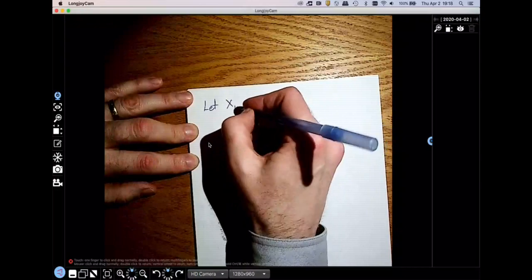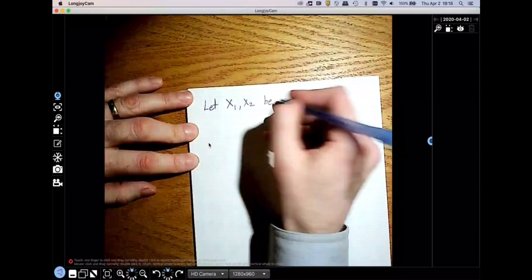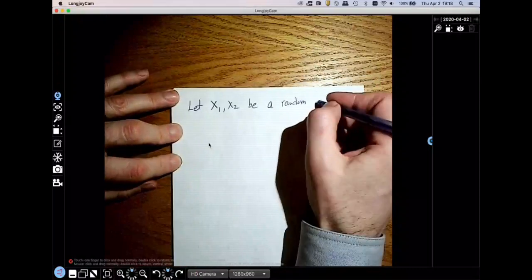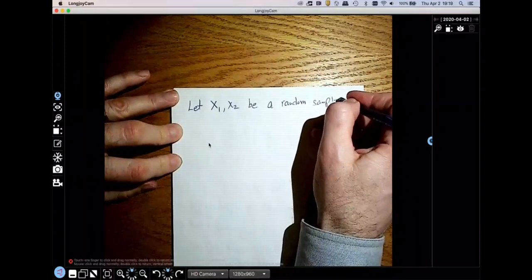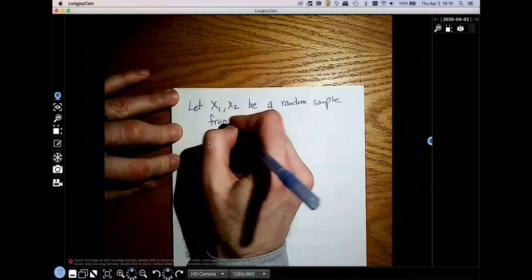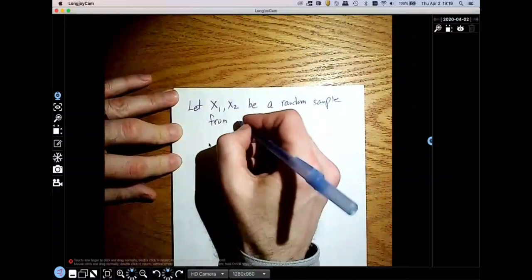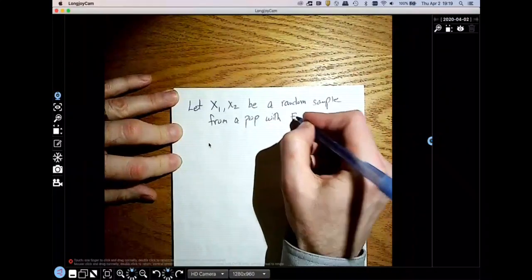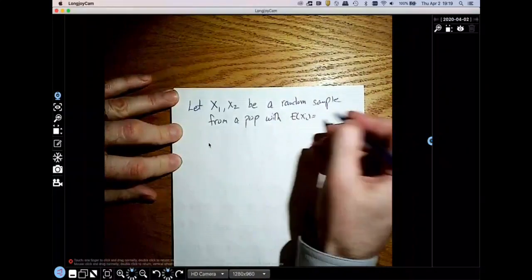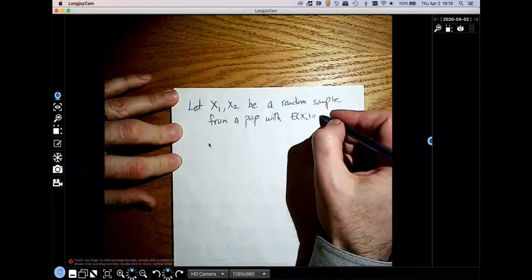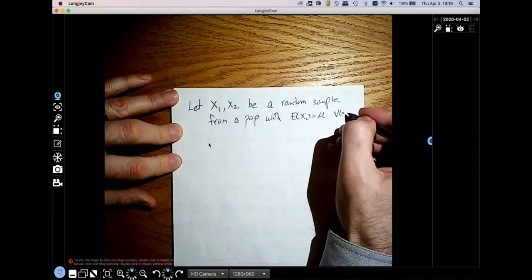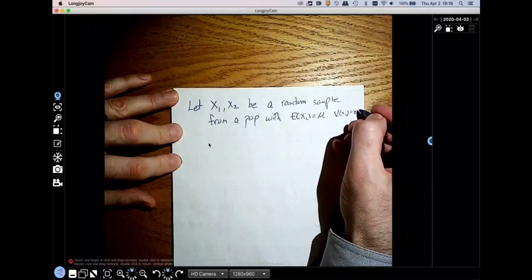So let x1 and x2 be a random sample from some population with the expected value of xi in both cases equaling mu, and the variance of each xi equaling sigma squared.